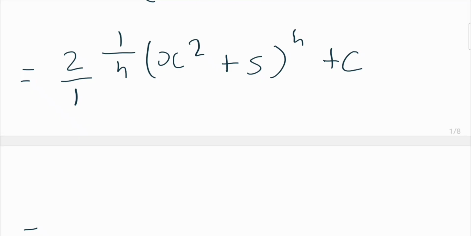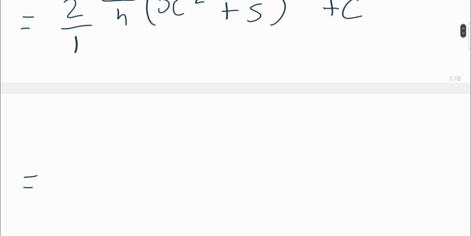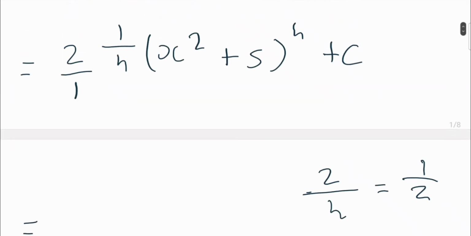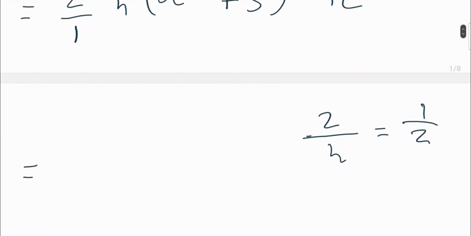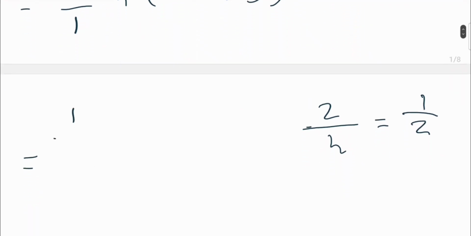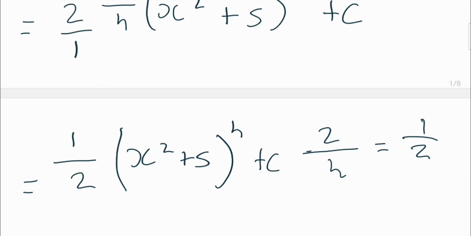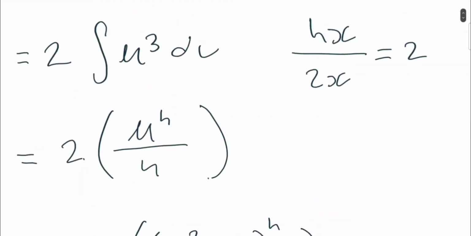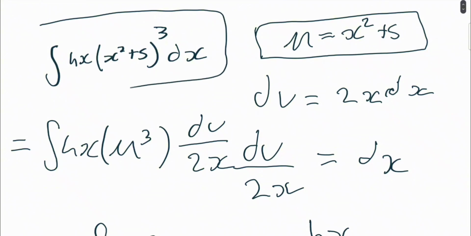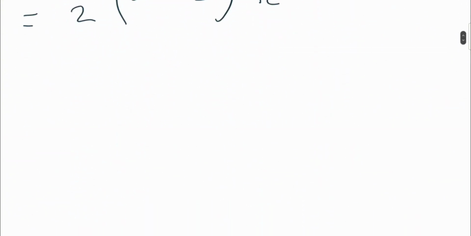So just 2 over 4, which we can simplify to 1 over 2. So now we can write this as 1 over 2 times (x squared plus 5) to the 4th, plus c. And that is how we solve this equation using U-substitution.